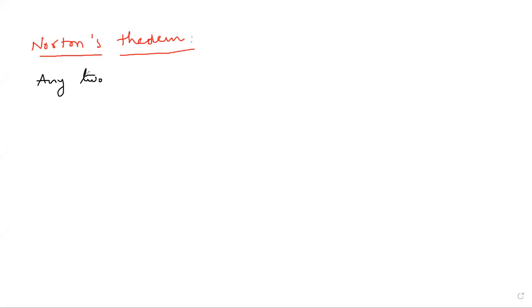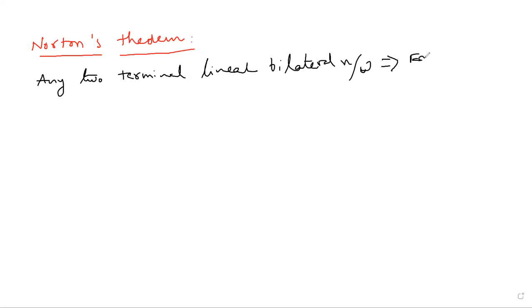Any two-terminal linear bilateral network can be replaced by an equivalent circuit. So everyone knows about linear and bilateral networks, what we discussed in earlier sessions for superposition, with Thevenin's theorem.